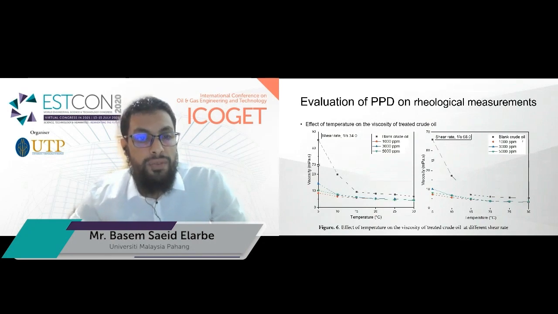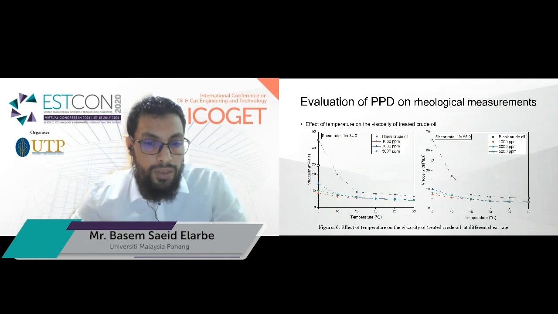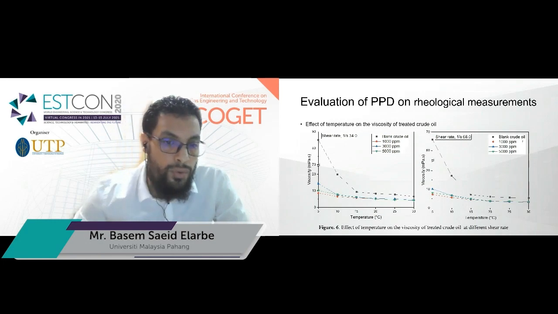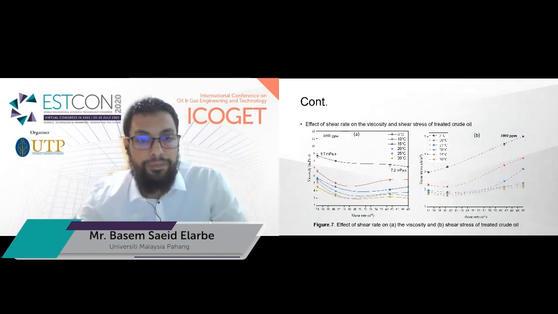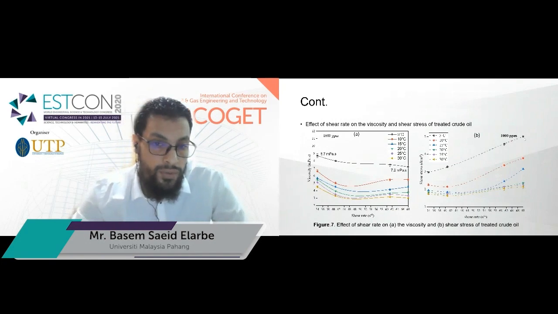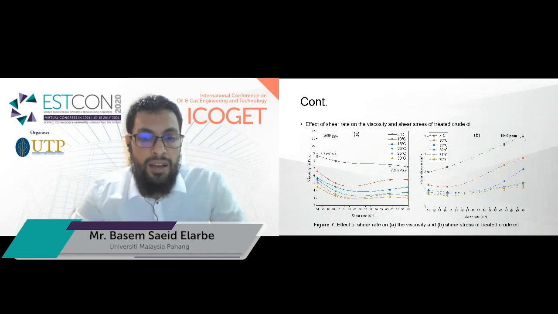So let's start with the effect of temperature on the viscosity. When the temperature of the crude oil reduces, the viscosity will increase dramatically. This slide shows us the relationship of viscosity and shear stress with shear rate.